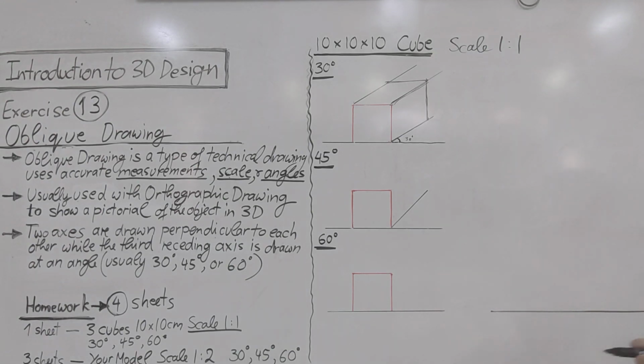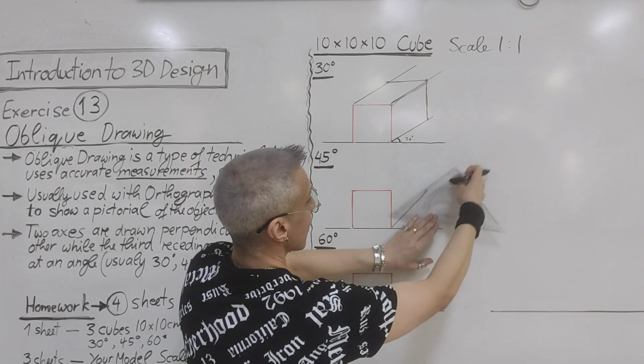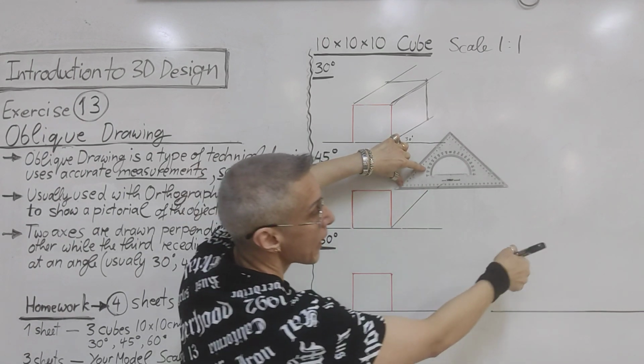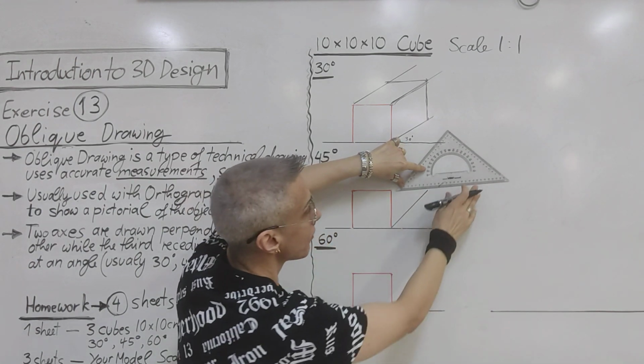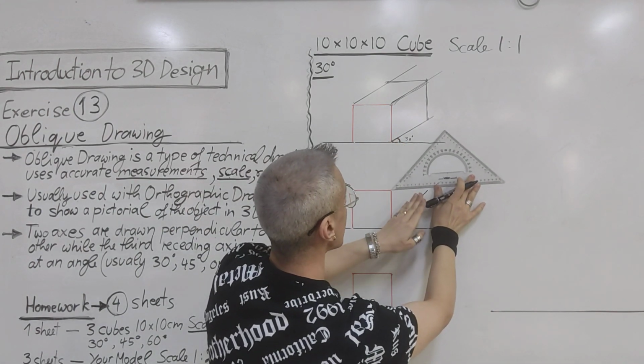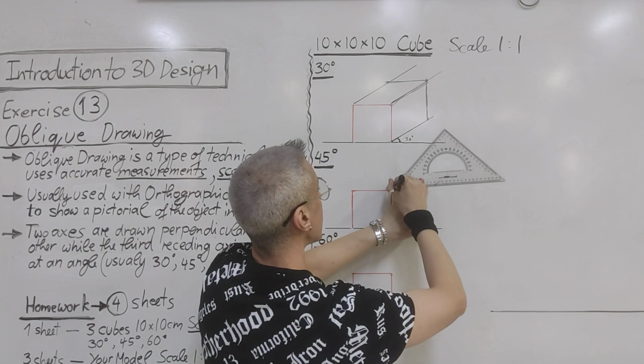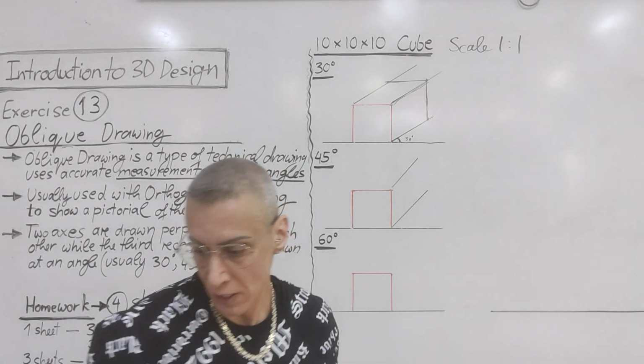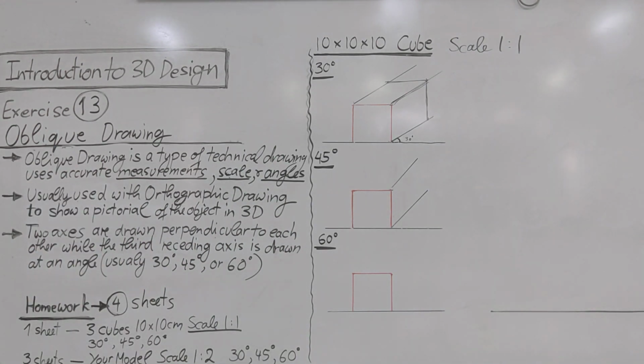If you don't use this T-square and you just put this ruler here and then you move it up here, this line that you draw may not be parallel to this line. You might make a mistake. You need to use your T-square to have it correct. If you ignore this fact, I will know, according to your drawings.